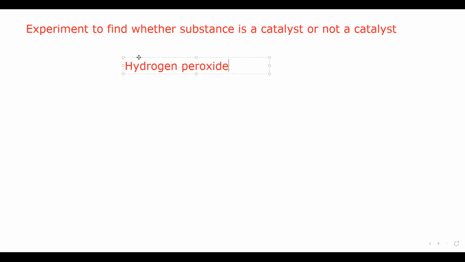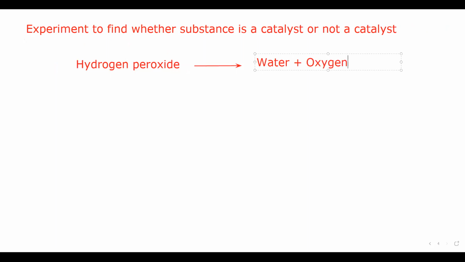Hydrogen peroxide is a chemical which can decompose by itself into water and oxygen. The chemical formula for hydrogen peroxide is H2O2.